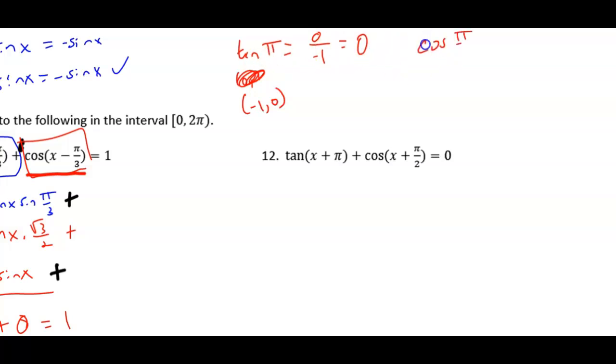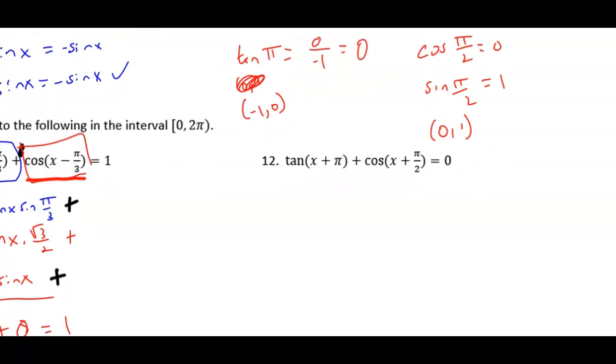Now for cosine of pi over 2 and sine of pi over 2, we need both of those. Remember, pi over 2 is 90 degrees, so that point is 0, 1. That means cosine is 0, sine is 1. Now let's expand.